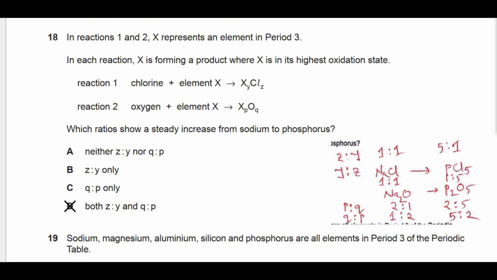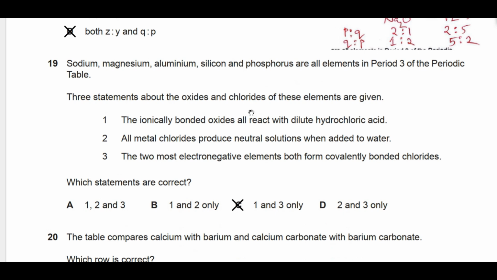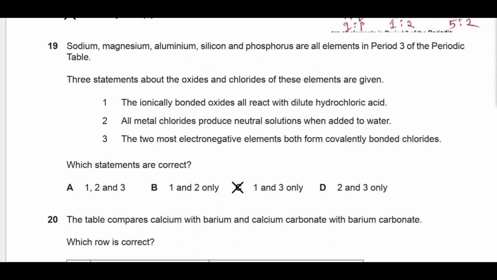Now, sodium, magnesium, aluminium, silicon and phosphorus are all elements in period 3 of the periodic table. 3 statements about the oxides and chlorides of these elements are given.